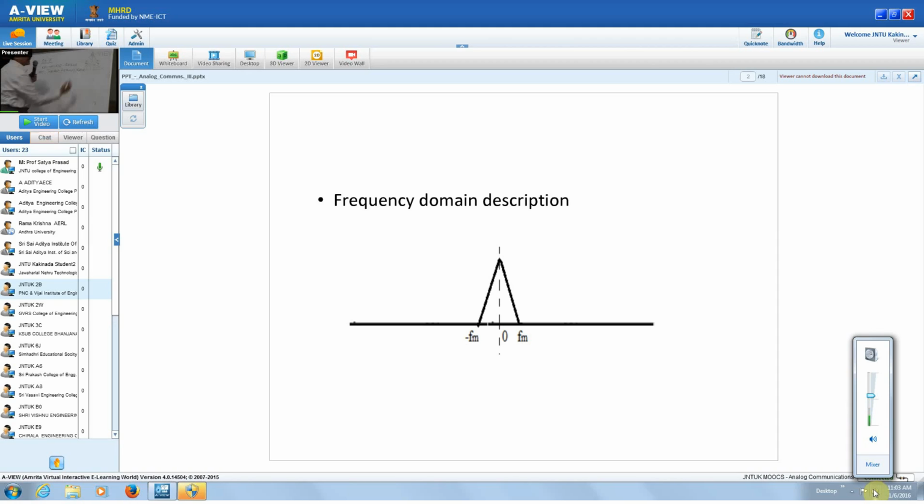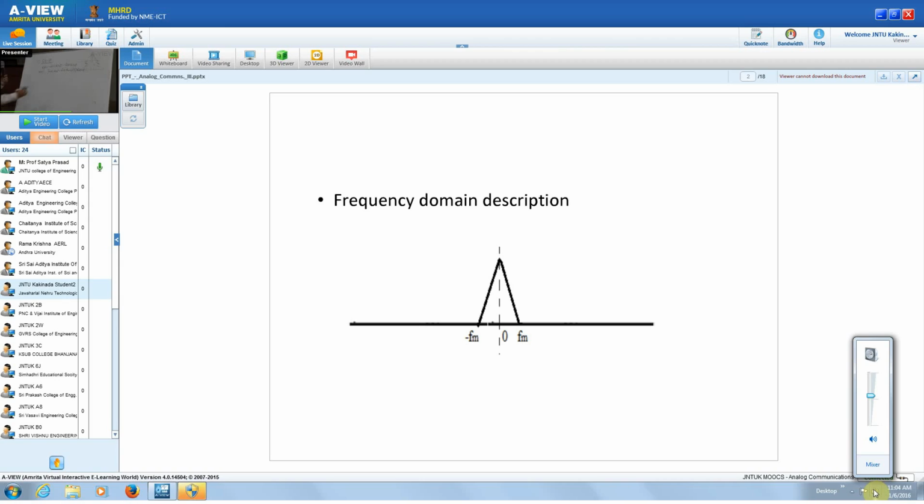This cos omega ct we can write as cos A into cos B. So cos omega ct in cos phi that we are going to have.